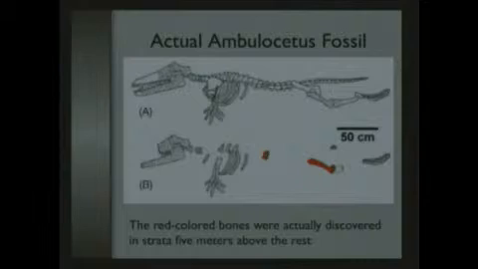And it's worse. The bones that you see in red actually were found in strata 5 meters above the rest of the skeleton. Now, think about what that means if you're an evolutionist. They make much of the fact that 120 meters of strata separate several of these fossils.